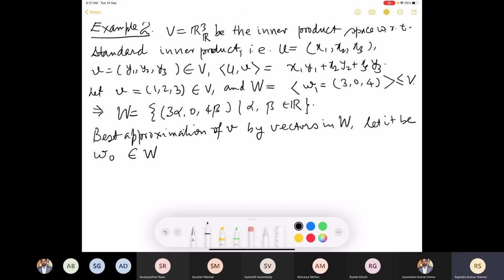So this is what we want to find out. Now we claim that W naught equals the inner product of V with W1 by norm of W1 square, times W1, is the best approximation.